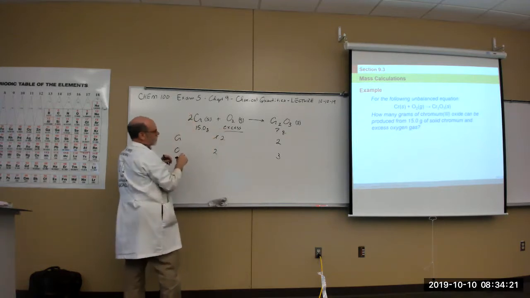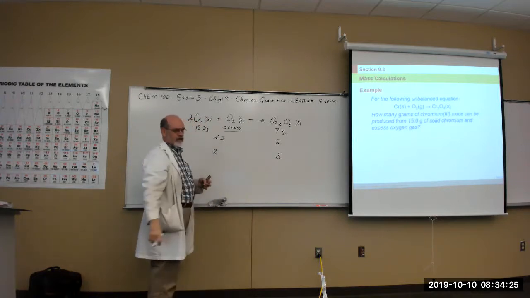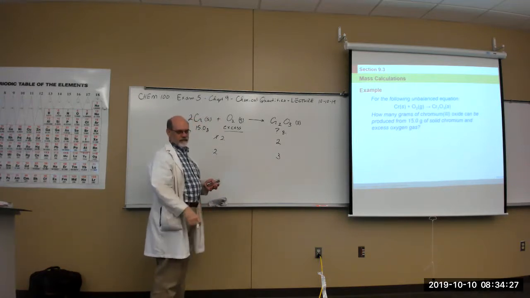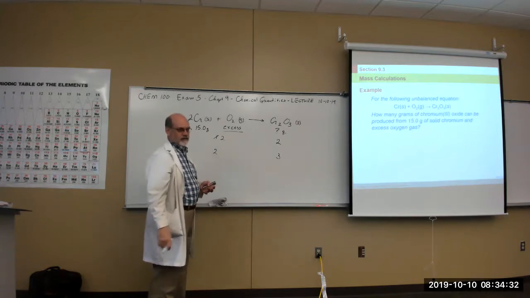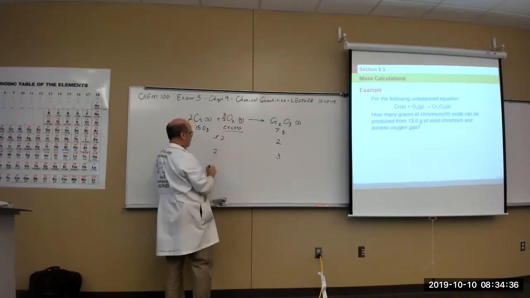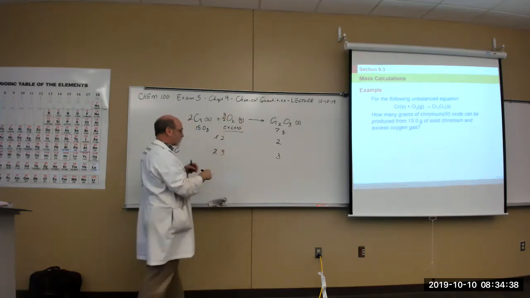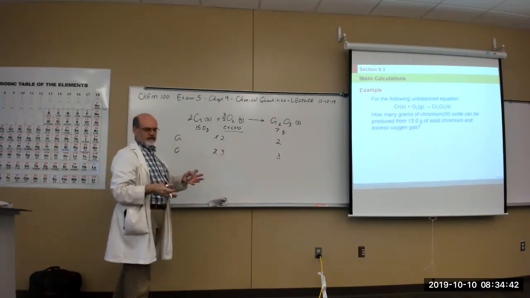Now we need 3 oxygens. So how do we get 3 oxygens out of 2 oxygens, out of O2? Remember the trick? The fraction. Right? So now we've got 3.